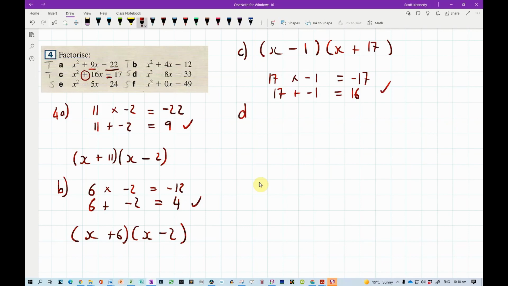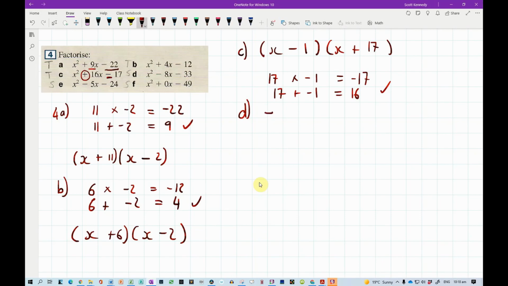D. For D, we have x squared minus 8x minus 33. And I can see straight away that I'm looking at 11 and 3 here. And I think I want the bigger number to be negative, right? We must have mixed signs to get a negative answer, because a negative times a positive is negative. So one must be negative, one must be positive. And they have to add up to a negative number.